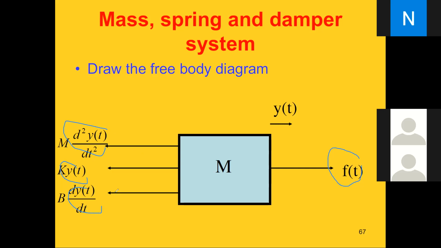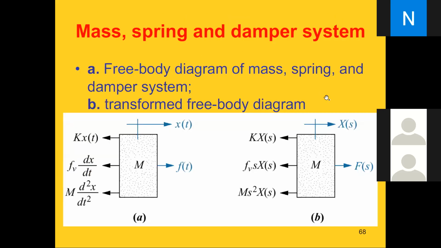And from this free body diagram, you can write the equations of the system, which is shown here. This is the free body diagram, one in time domain, one in frequency domain. Time domain is t, frequency domain is f, both are the same.